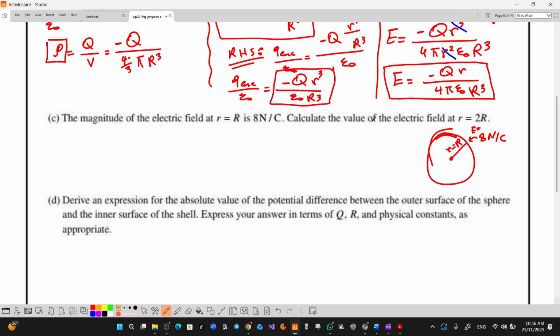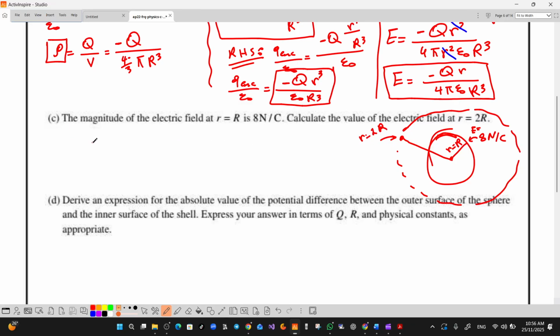Now the question is, what will be the value of the electric field at a distance 2R? So if we increase our Gaussian surface, what will be the electric field at this point, which is equal to 2R?